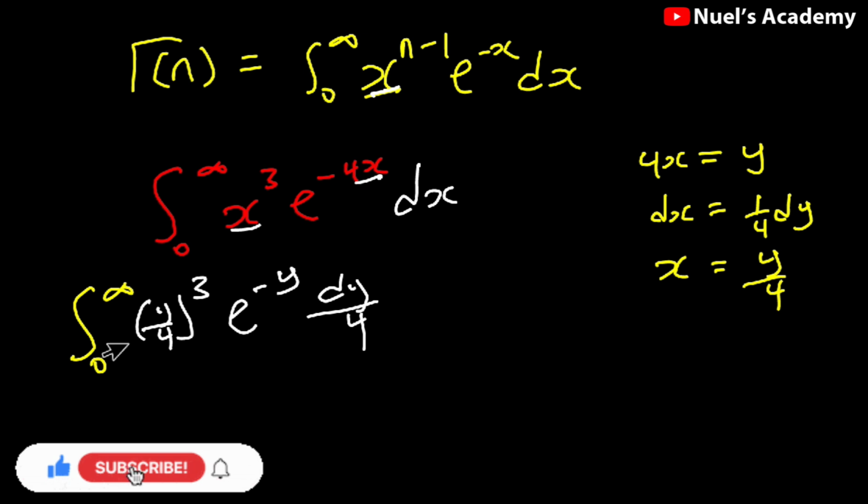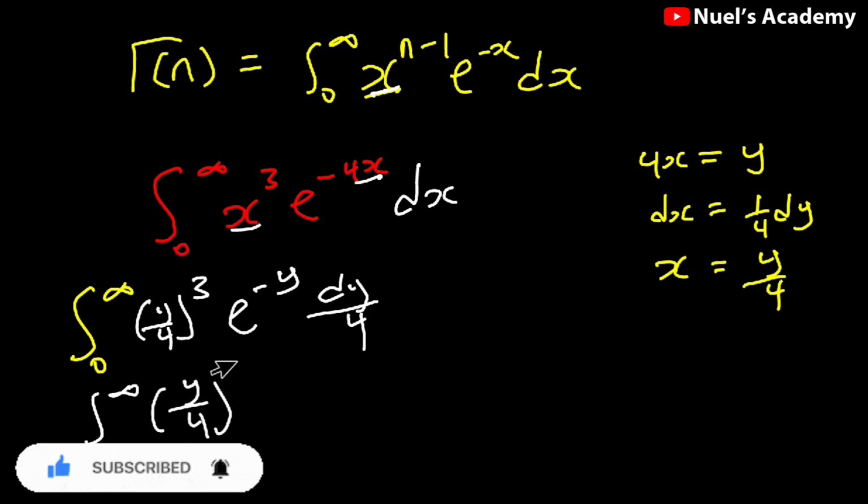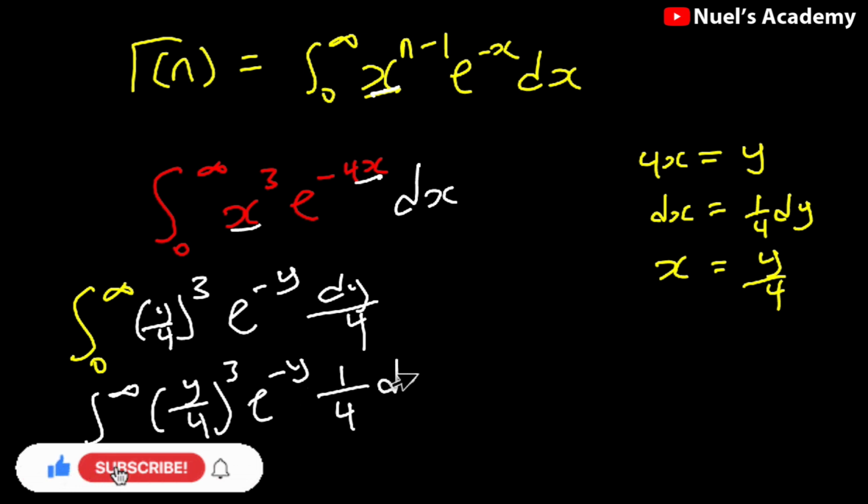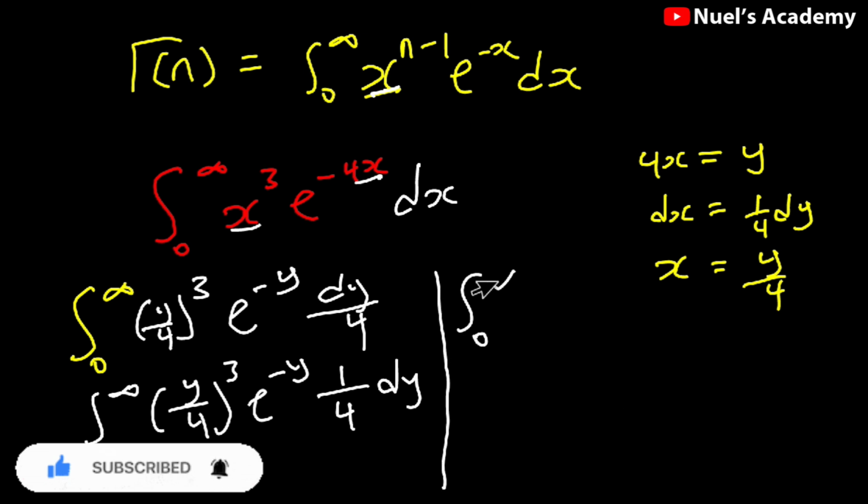Now let me write this for clarity's sake. We have 0 to infinity. Now we have (y over 4) to the power of 3, then e to the power of negative y, multiplied by 1 over 4 dy. Moving on, we have the integral from 0 to infinity.